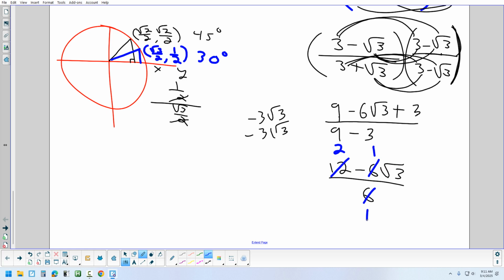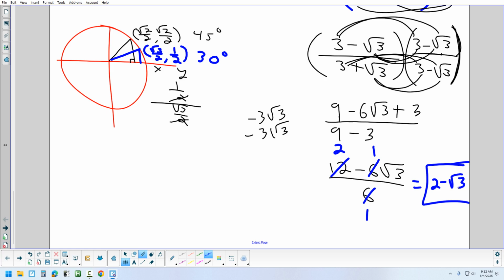So the final answer for tangent of 15, completely cleaned up, would be 2 minus root 3. Yep, that's the cleaned up answer for tangent of 15. There is a little bit more arithmetic because remember tangent involves dividing, so you naturally have more fractions.